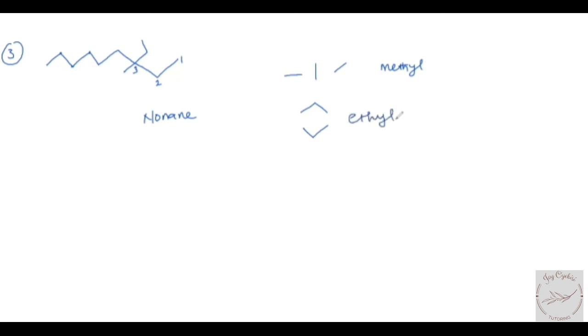And then when it is 3 of them, it's called a propyl group. And it could be any of these two. It could be from any direction, okay? But once you can find 3 strokes coming out from that main carbon as an attachment, it's called a propyl group, okay?